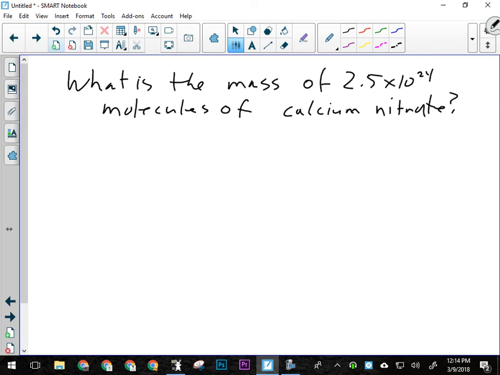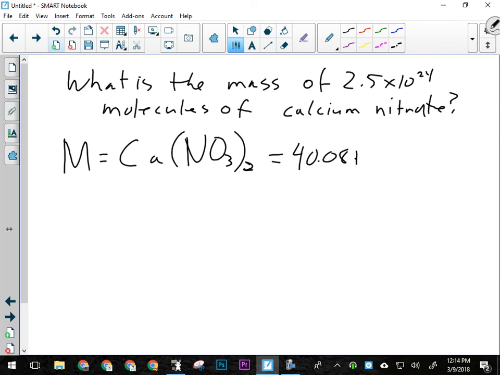Okay, so it's calcium nitrate, so that's going to be Ca(NO3)2. The molar mass of that is going to be 40.08 plus 28.02 plus 6 times 16.